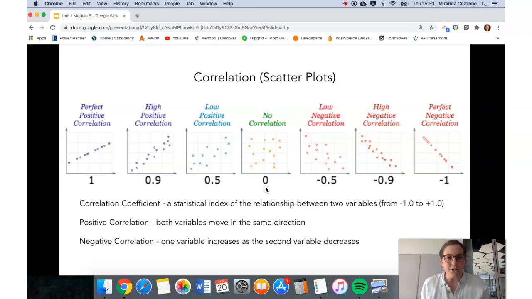A negative correlation is when your variables move in opposite directions. So that might be the example of self-esteem and depression. We predict that as self-esteem goes up, depression goes down. So that's a negative correlation. It doesn't mean it's bad. Negative does not mean bad. It means that your two variables travel in different directions. Okay, as one increases, the other decreases.